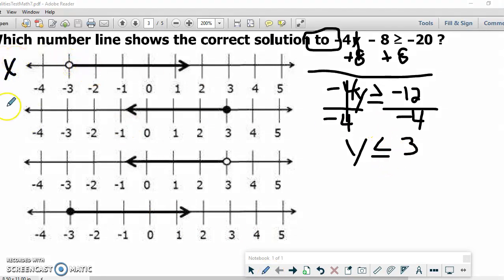So A won't work and C will not work. Now just look for the one where y is less than 3. So my arrow is going to be pointing to the left. So B will be my correct answer because my arrow is pointing to the left.